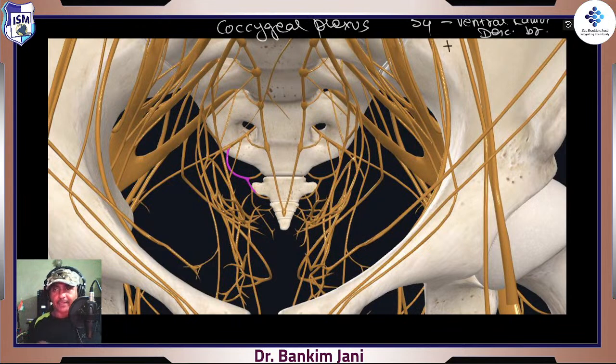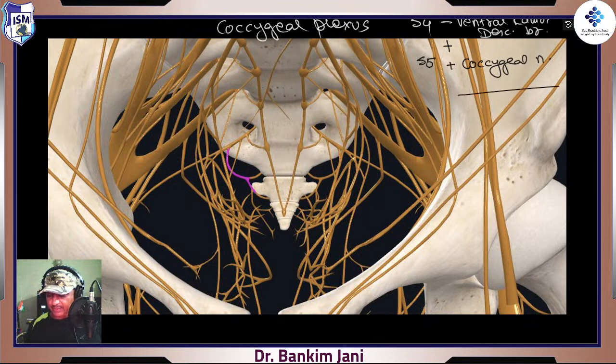Plus S5. Okay. And plus the coccygeal, now that is CO or CO1, whatever we say, right? So that's what is coccygeal plexus. And what would it be doing, right?